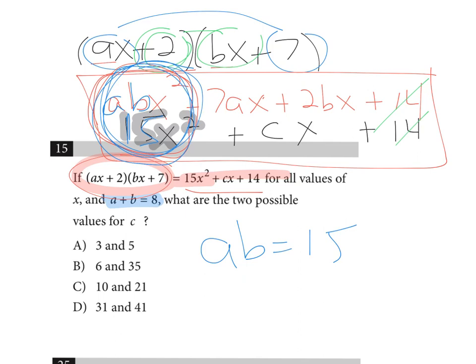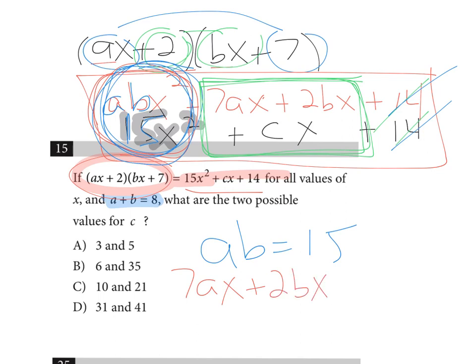Now here's where it gets a little bit tricky. If you look at the middle expressions, what's left over, like for example here the 14 and the 14, clearly they're equal to each other. But here you have in the middle 7ax plus 2bx. This has to equal c times x.